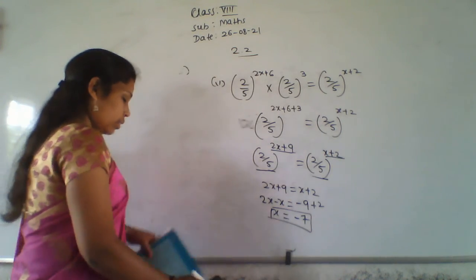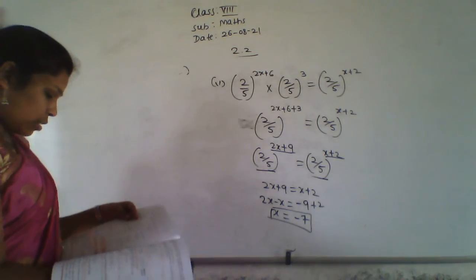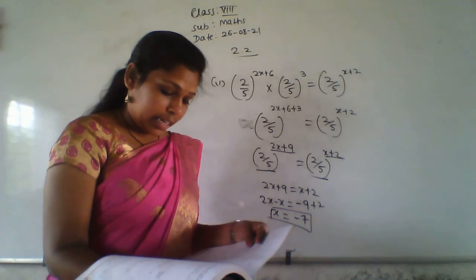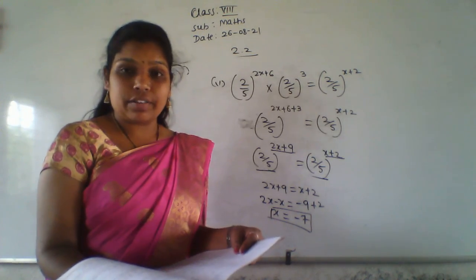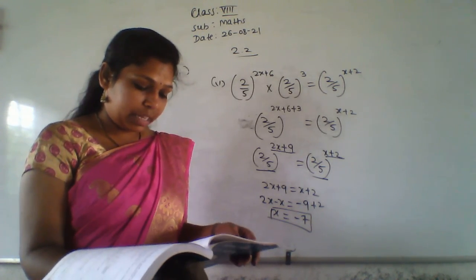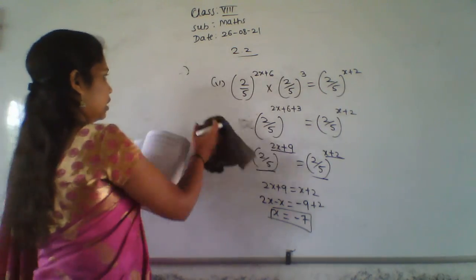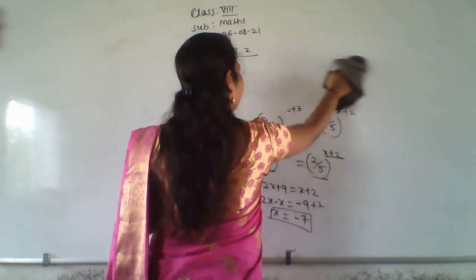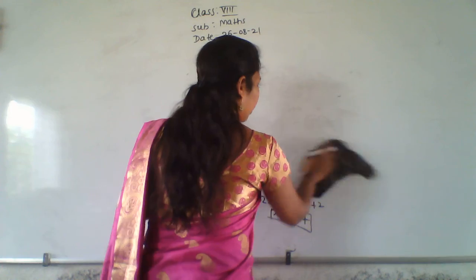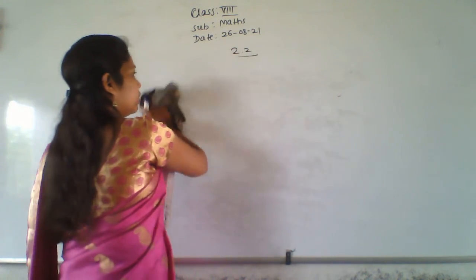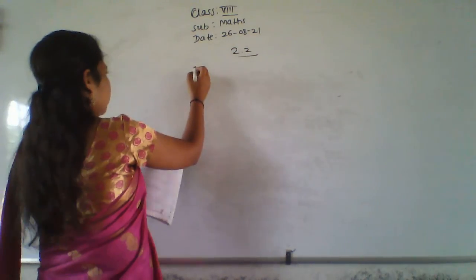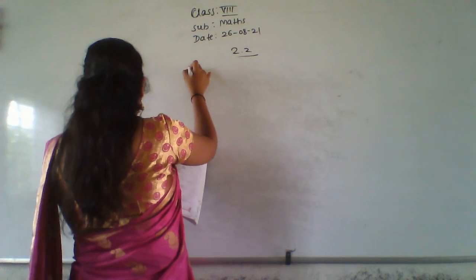Now we'll go for the 6th main. That is also find the value of x in each of the following. Okay, so again here also same thing we have to do. Now we'll do the 6th main.